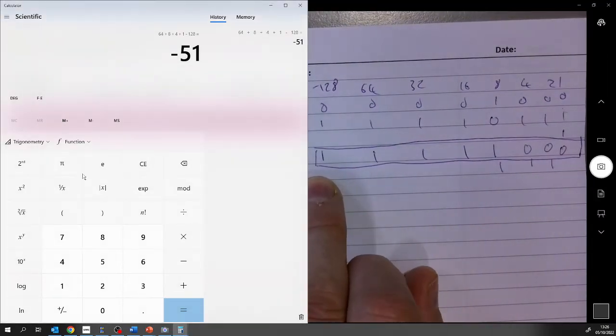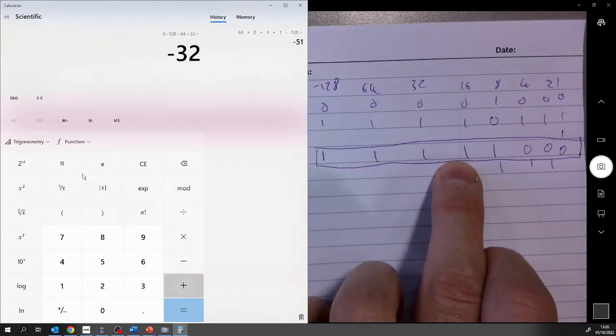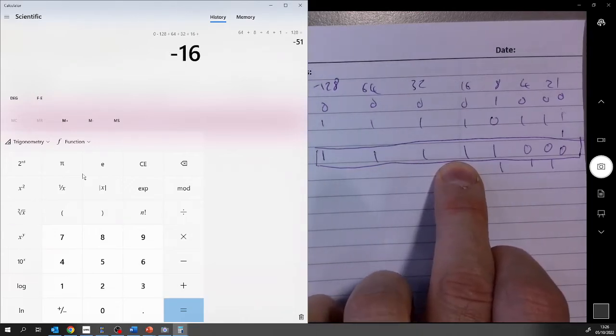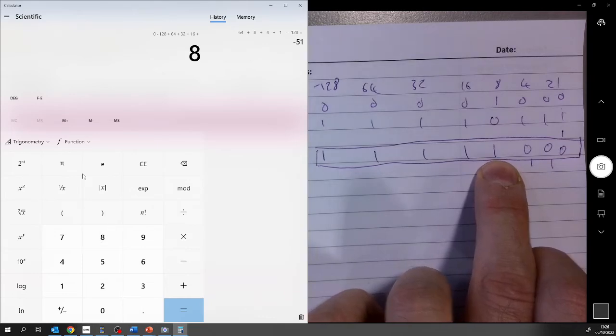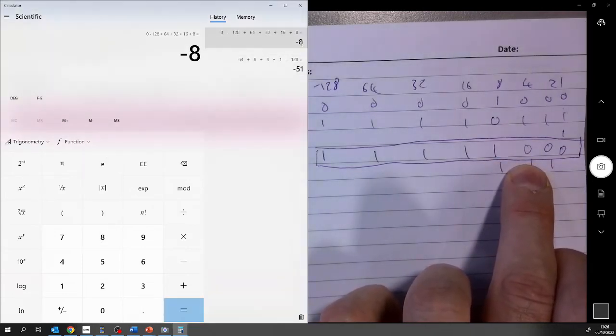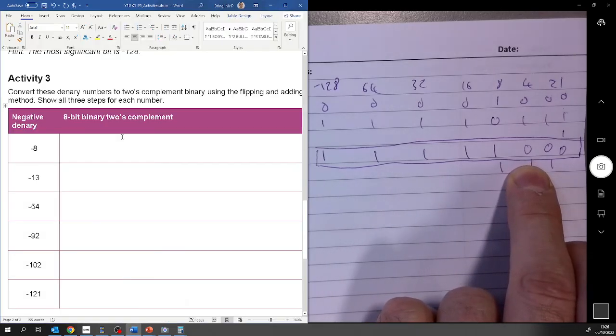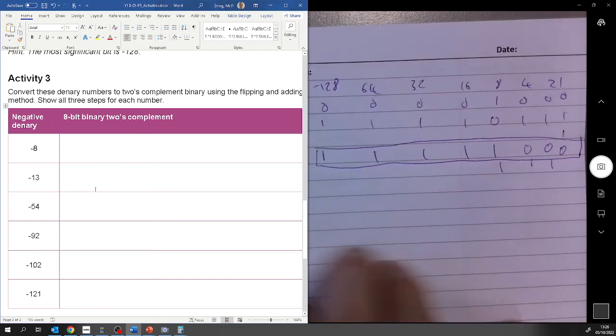We want minus 128, add 64, add 32, add 16, add 8, that's it, is minus 8. It works. It seems like magic, but it did actually work. How did we do it? Well, let's choose one more as an example. Let's go for minus 13.